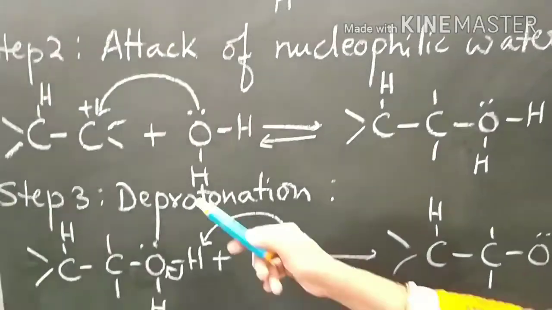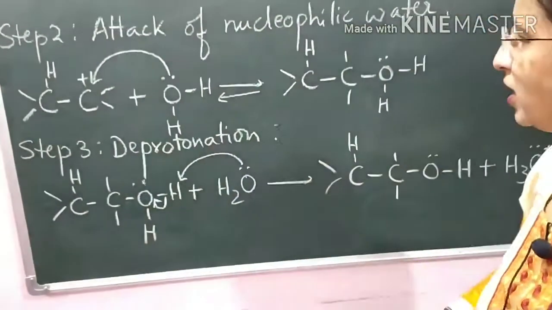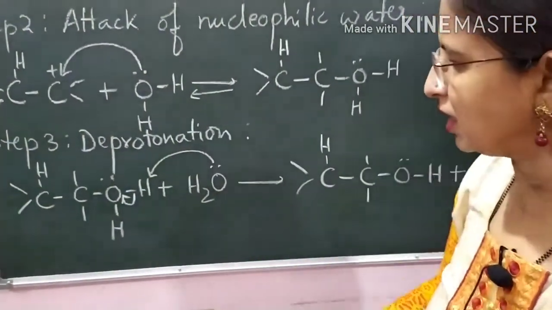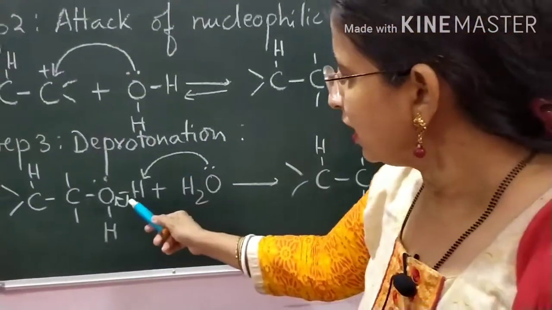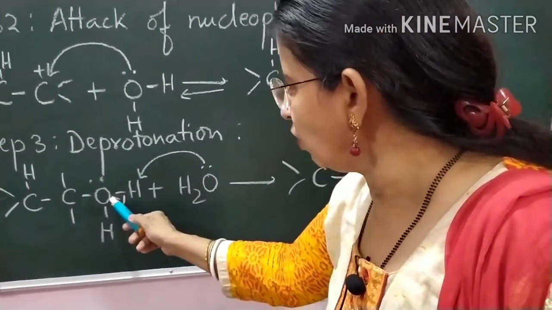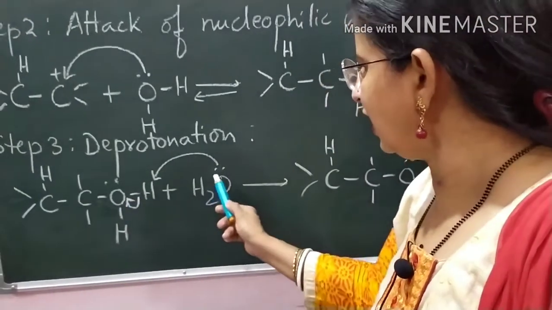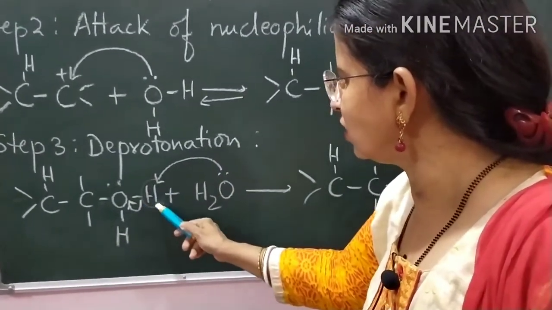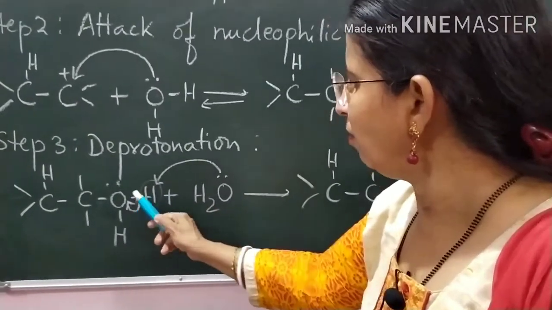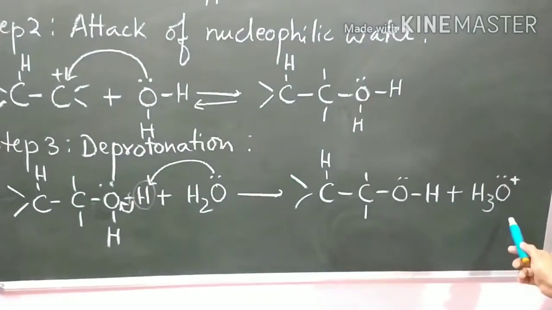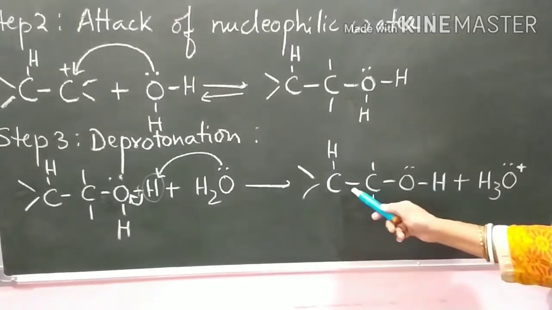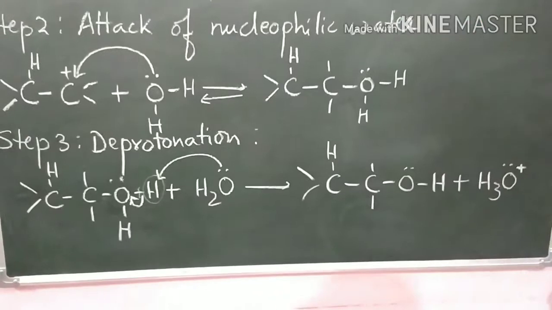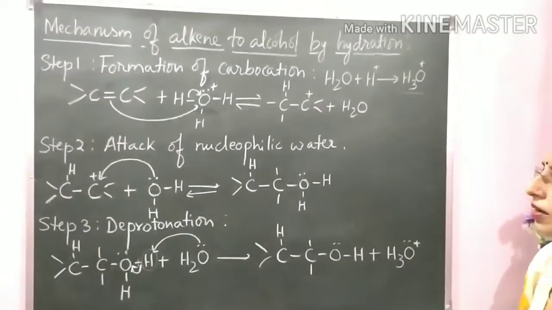Then in the third step, there is deprotonation because 2 protons cannot be present on the oxygen. So again the sigma electron moves to the oxygen and the electronegative oxygen binds with this hydrogen. This hydrogen bond breaks and we get the hydronium ion back and we get the respective alcohol. So these are the 3 steps. Please observe carefully.